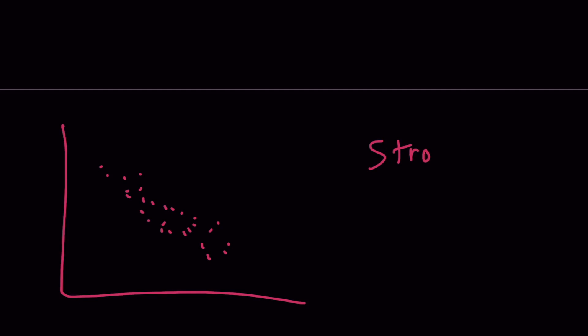Now the other direction would be the negatives. So you'd have something like this. That's a strong negative correlation.